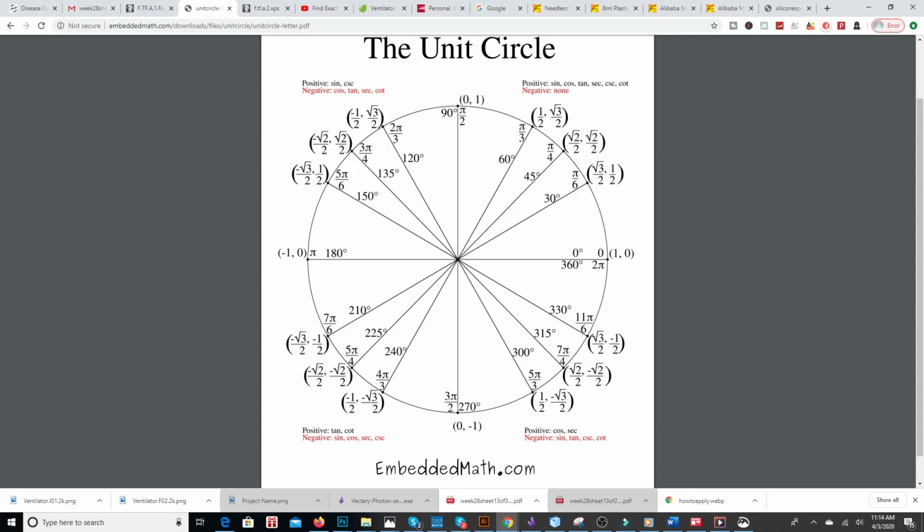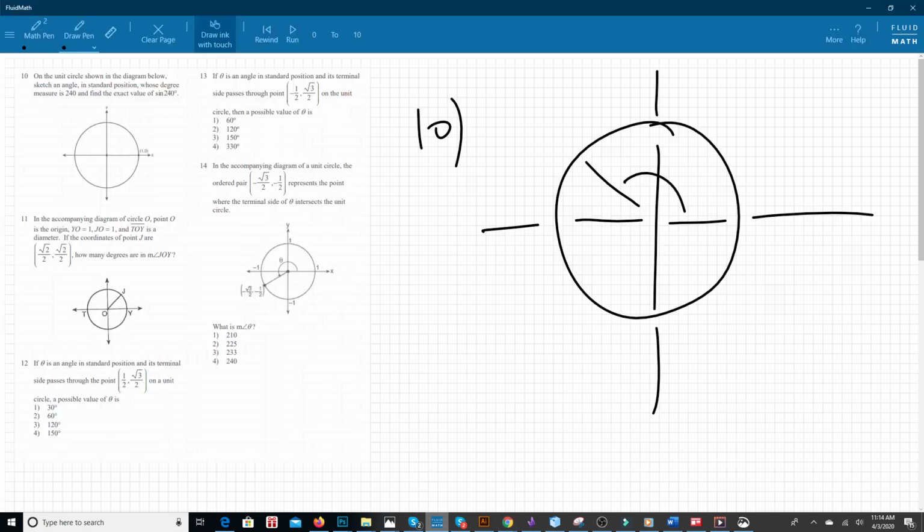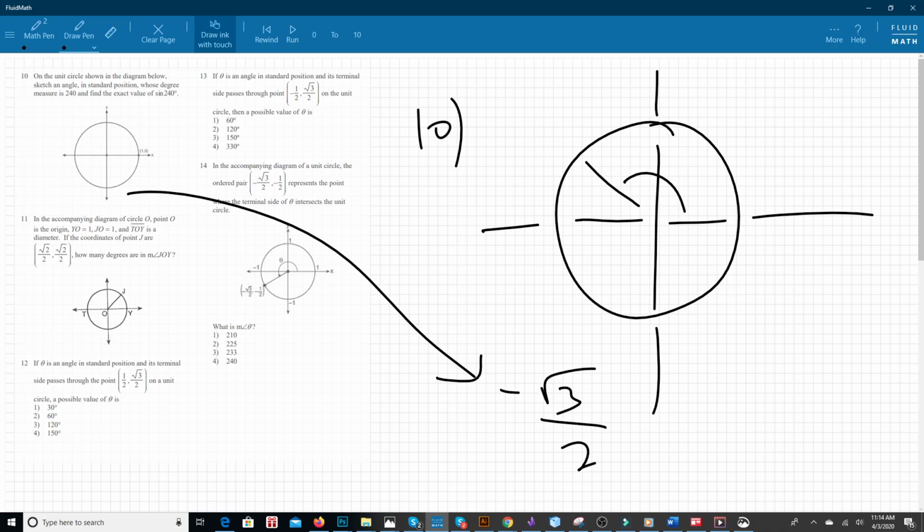So the answer for this one is negative radical 3 over 2. Remember, sine represents y.